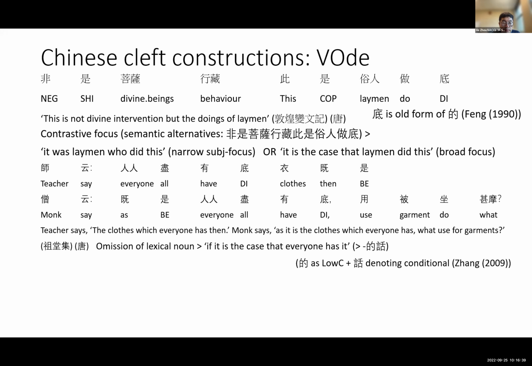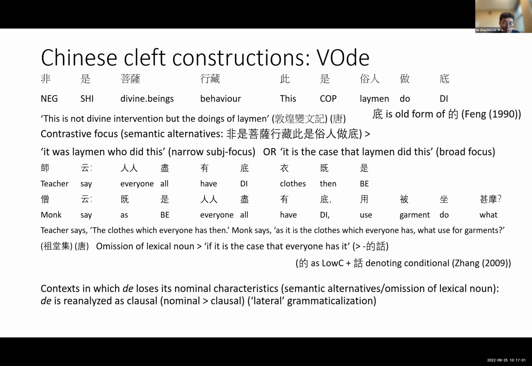We can reanalyze this as, I think, a prototype of the modern Chinese conditional 的话: 即是人人皆有的一, or 即是人人皆有的话, 'if everyone has it'. So 的 as a low C element and 话 denoting conditionals, which Nina Zhang has argued before. The idea is that there are contexts where 的 can lose its nominal properties, namely in semantic alternatives and also omission of the lexical noun, and they can be reanalyzed as clausal following the LG pattern.